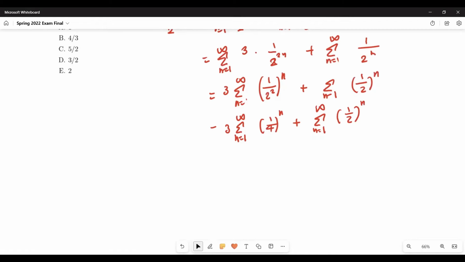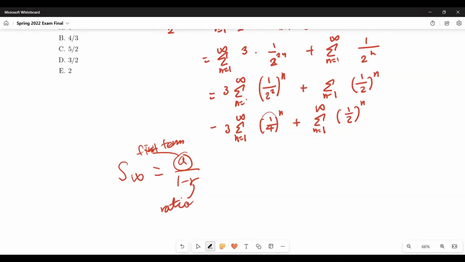So if you remember the geometric series infinite sum, it says the sum is equal to a over 1 minus r, where a is the first term and r is the ratio.